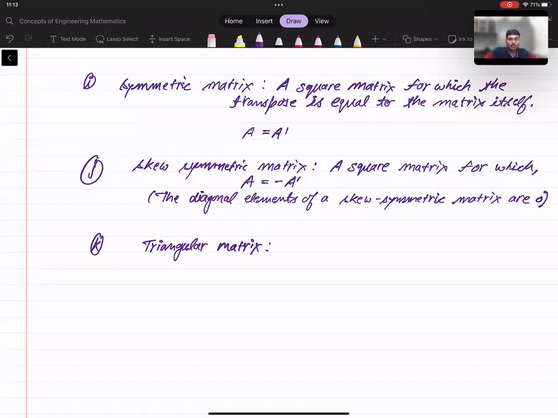This is a square matrix in which the elements either above or below the principal diagonal are zero, and based on that it will be upper triangular or lower triangular.